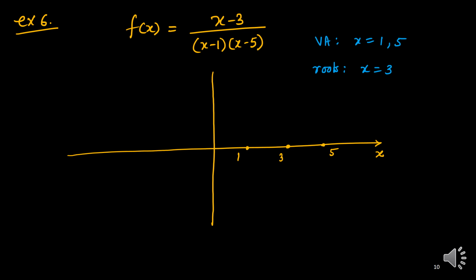Okay, now we have vertical asymptotes at x equal to 1 and 5. So I'll draw those things first. Okay, so at 1 there is one vertical asymptote. Another asymptote is at 5, right? And remember, these are the 3 elements.